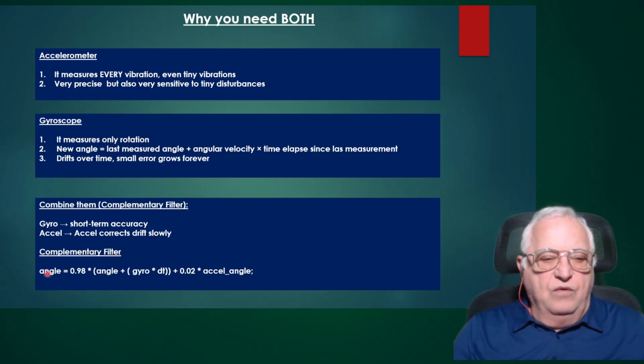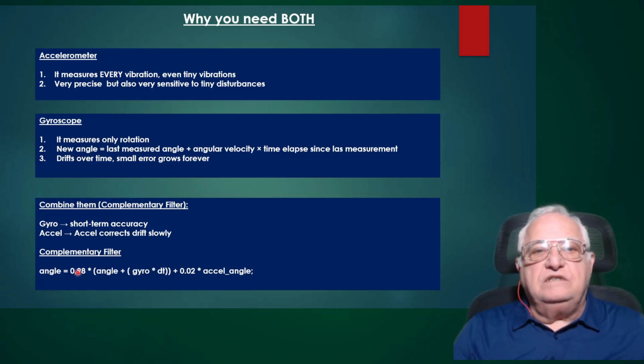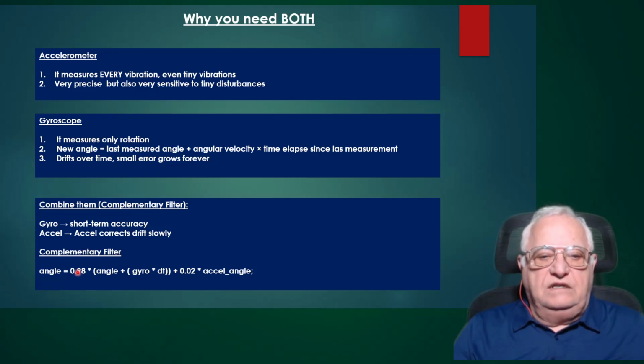So our angle is going to be 98% of the angle that we just calculated using the gyroscope. So it would be the current angle plus the change in the angle, and we're going to multiply that by 0.98. So we're going to use 0.98 of that data, we're going to give it a weight.